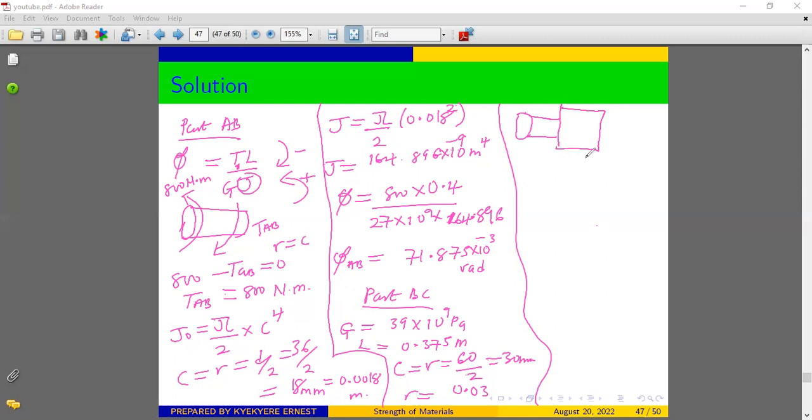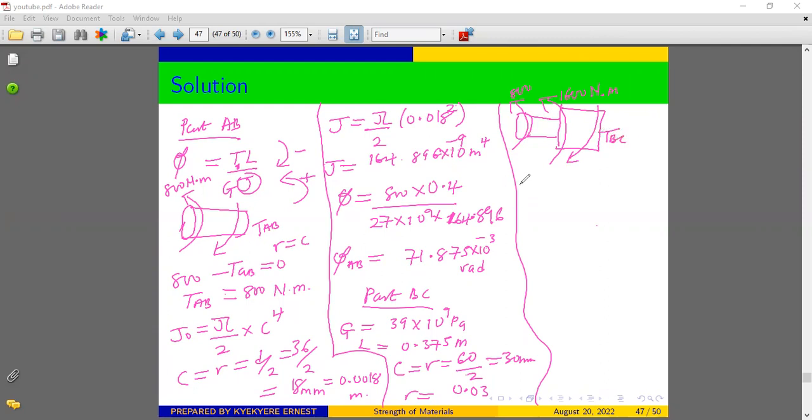So we have a torque applied at this side, and the torque applied is 1,600 Newton meter, and there's another torque applied at this side, which is also 800 Newton meter, and the internal torque will be at this side. You can indicate the direction anywhere, but at the end, it doesn't change anything. So this is torque in BC.